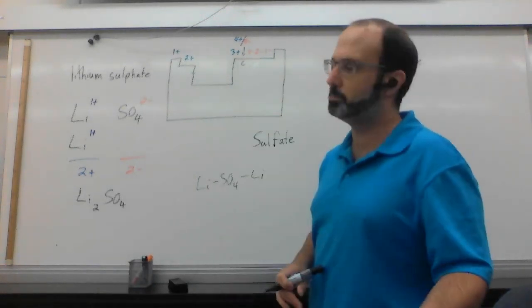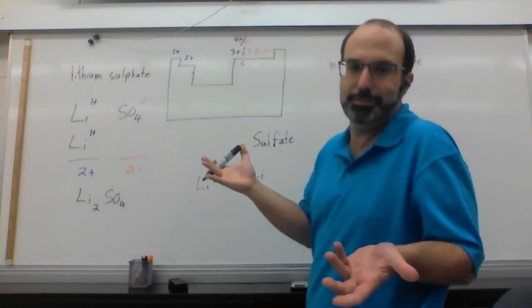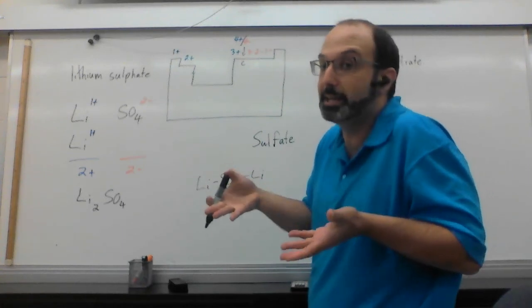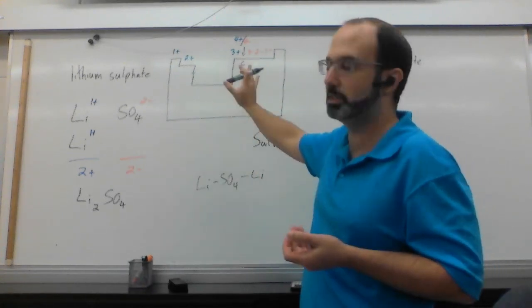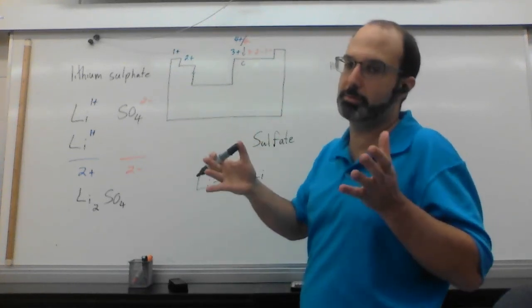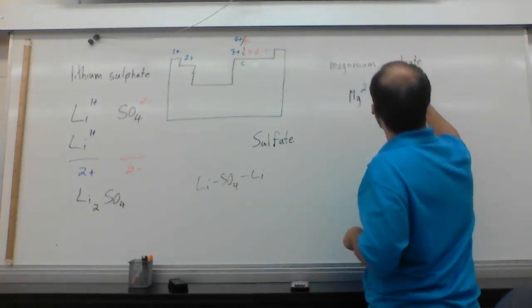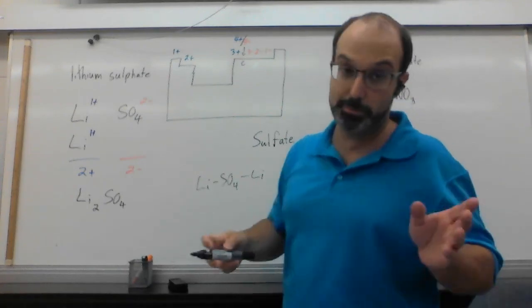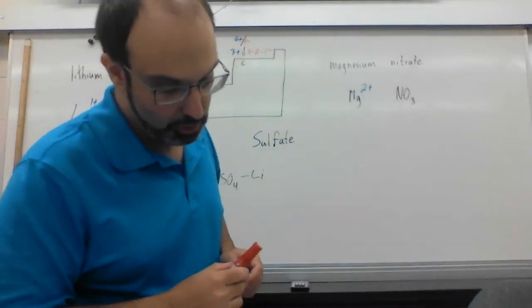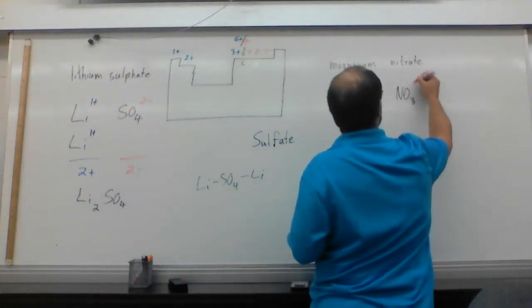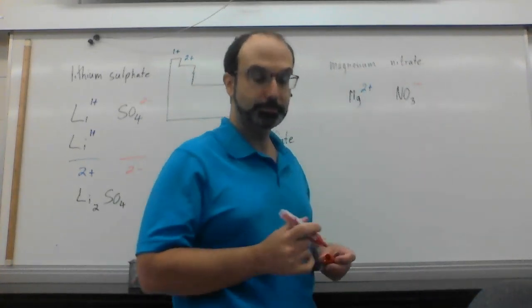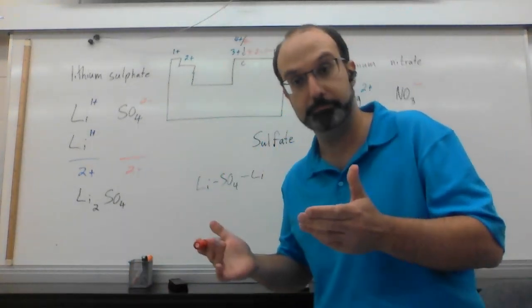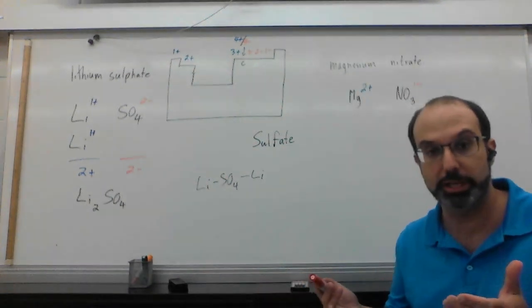The way you can tell is because it's got an ATE ending. Well, I should say it's not an IDE ending. IDE generally means it's using the table. ATE, not so much. So this is going to become NO3. We have to look that up to know, unless you happen to remember from the last time we did it. And if you check there, it says NO3 is 1-. That's it. That's all we need to know.